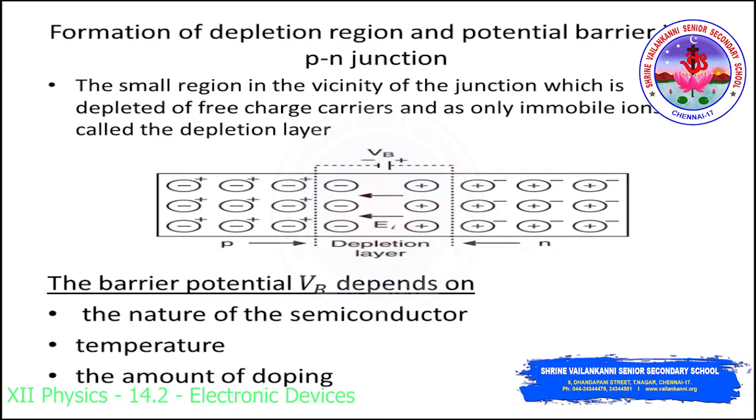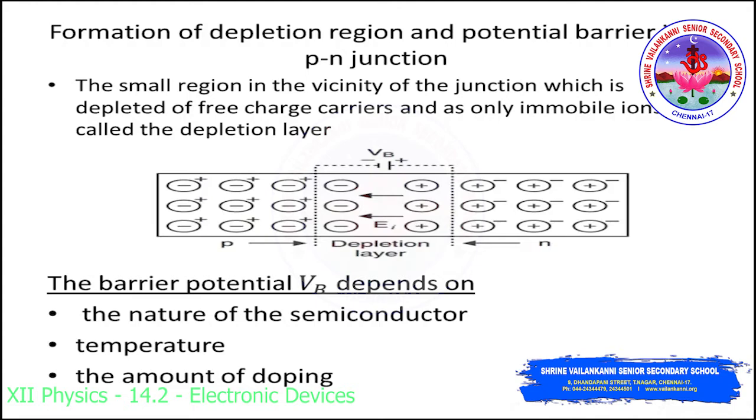Here we have taken a p-type silicon wafer and added a small quantity of pentavalent impurity. A part of the p-Si wafer gets converted into n-Si wafer. By seeing the diagram itself, you may understand.